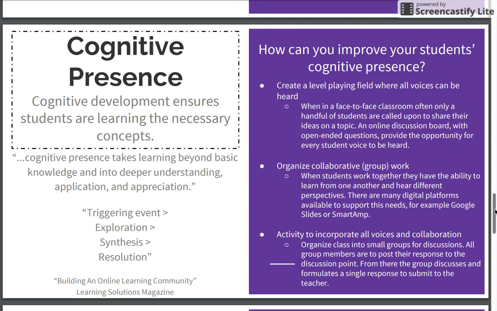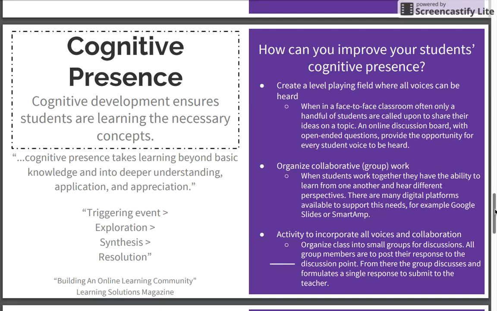You can also improve some cognitive presence by organizing collaborative group work for your students to do. It's the same kind of thing in a face-to-face classroom, and it could be done digitally, but when they're working together, again, they're putting their perspectives out there, they're listening to someone else's, and that might even inform their thinking into something new.